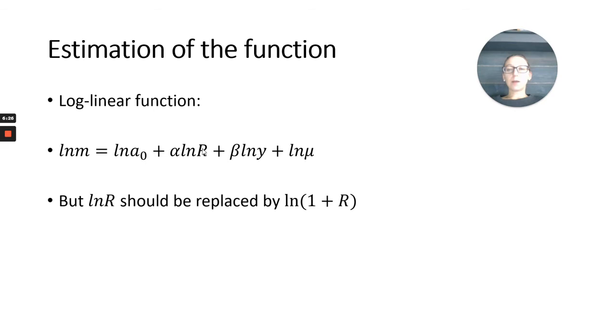But the problem is with the R, as R, which indicates the interest rate, is between 0 and 1 normally, and the logarithm of a number from 0 to 1 makes it negative, and that's why it's very often that logarithm of r is replaced by logarithm of 1 plus r, which would make it a positive number, more than 1.